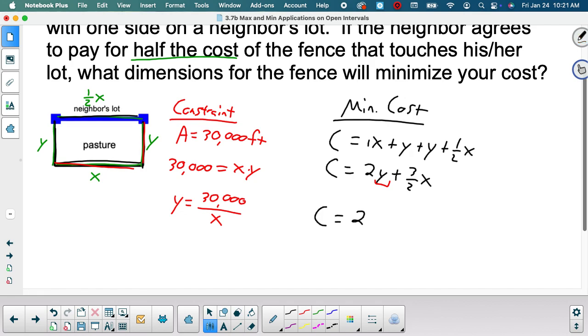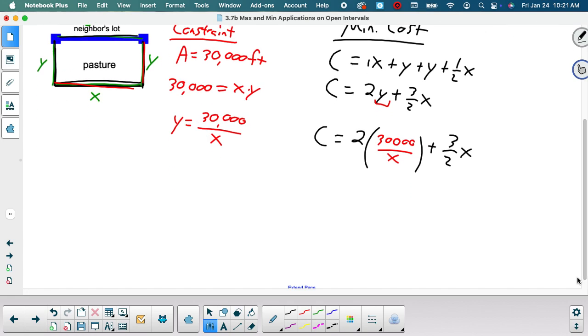It's going to be 2 times 30,000 over X, but then plus 3 over 2 X. But now I just wrote this all in terms of the same variable, wrote it in terms of X. Again, maybe I do a little cleanup here. This is really going to be 60,000 over X. I might write it like this, put X to the -1 because I want to derive in a second.